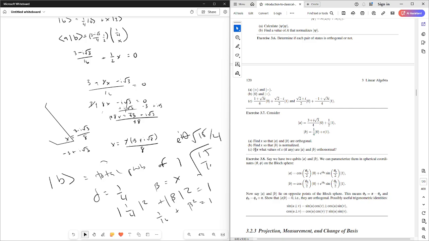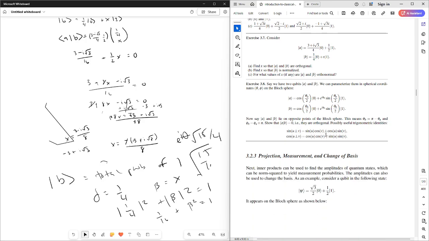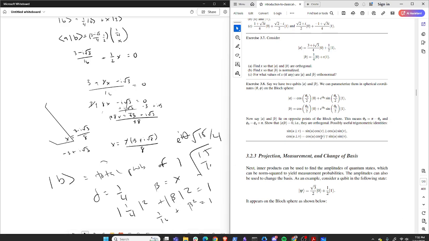So there are no values for which A and B can be both orthogonal and normal. Problem 3.8 looks interesting, but it also looks hella gnarly for this time of night.